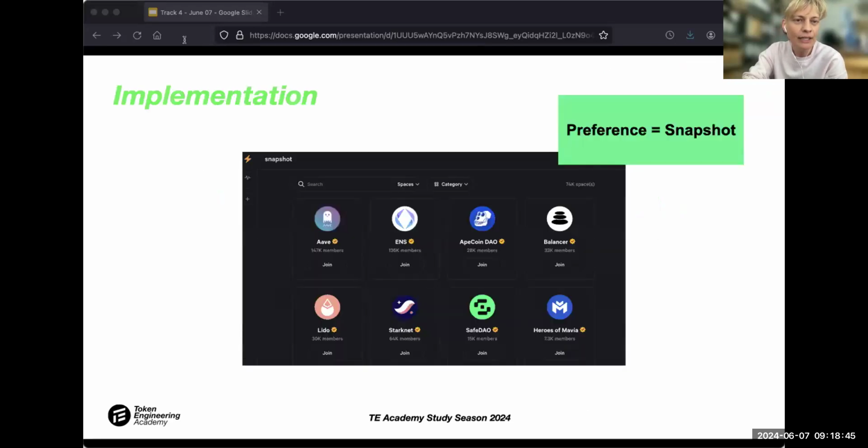First of all, due to this delay and due to other reasons, I'll get to it in a moment, we still favor Snapshot as the platform to vote on. Why? Because it's familiar to most people who ever participated in a voting.